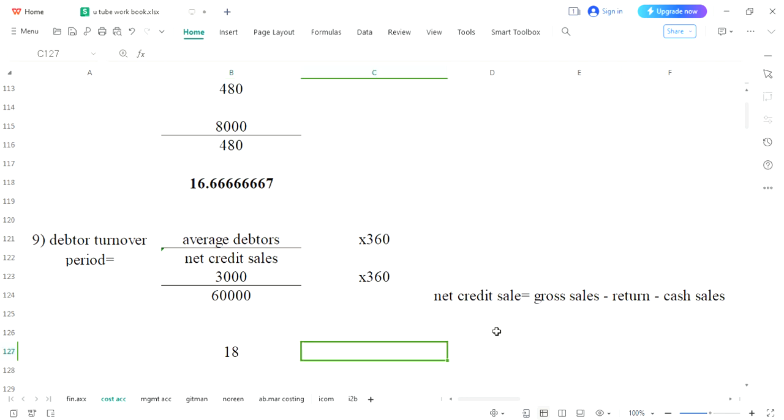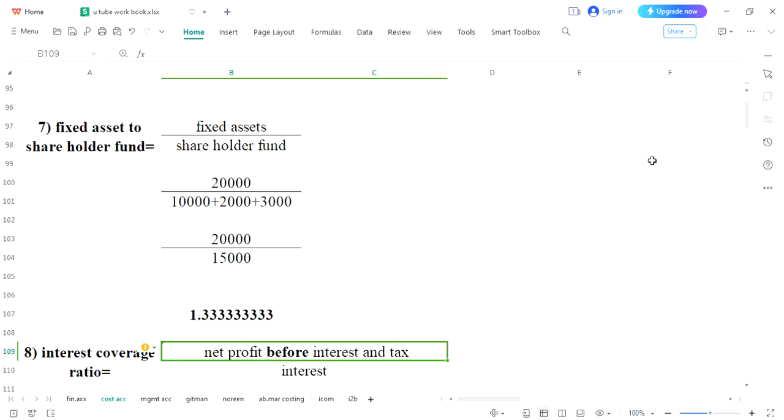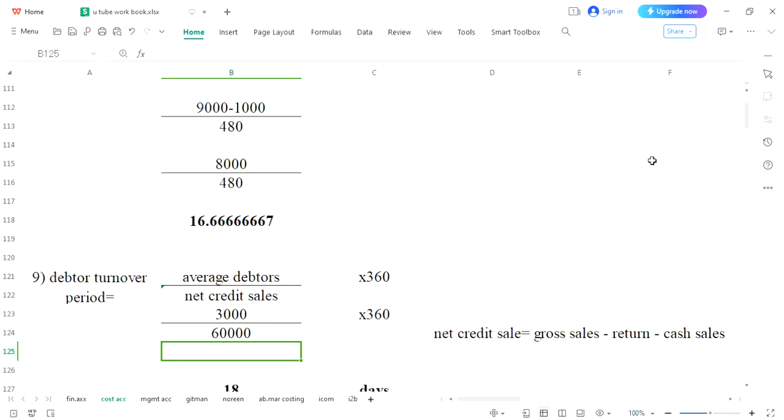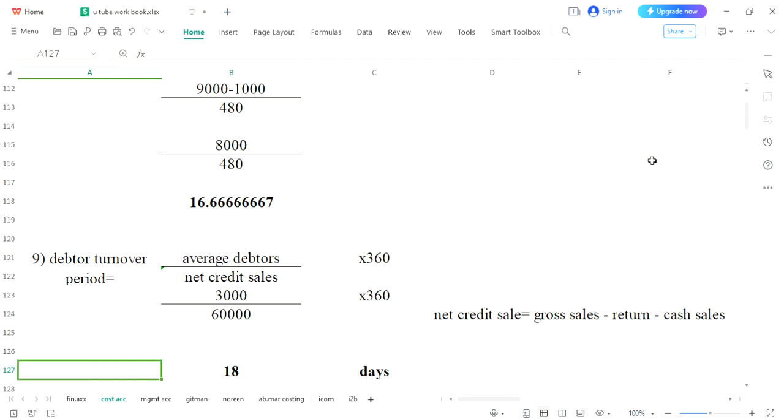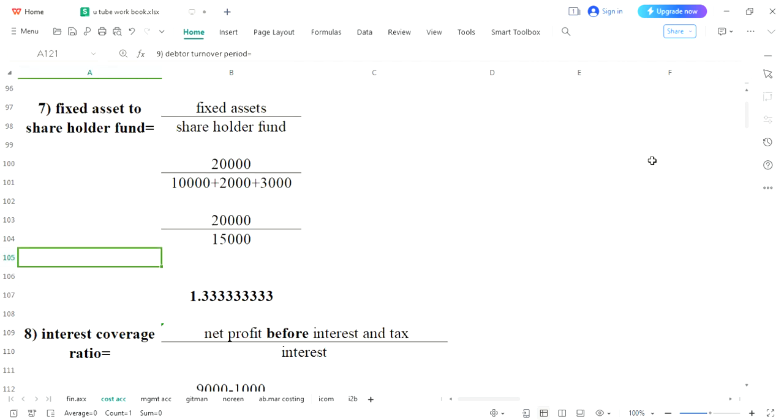So we have got 18 what? Days. In this way the debtor turnover period is sorted out. Debtor turnover period is 18 days. In this way, the ninth formula, debtor turnover period, is calculated.